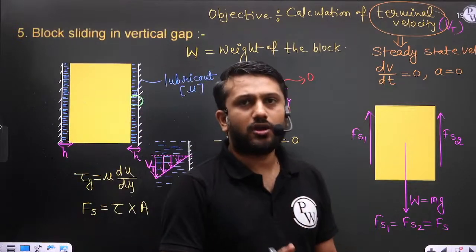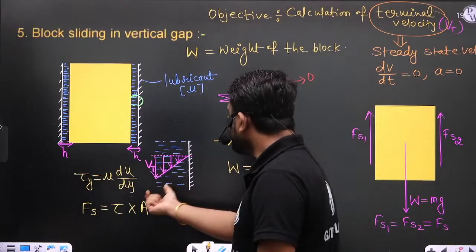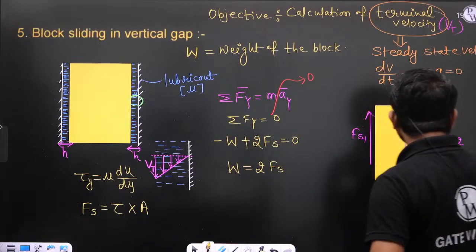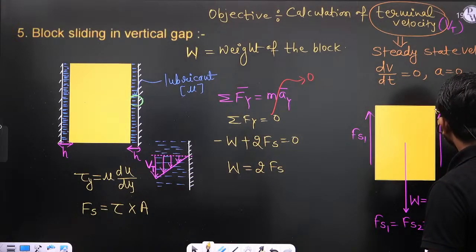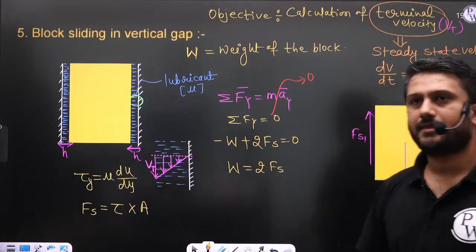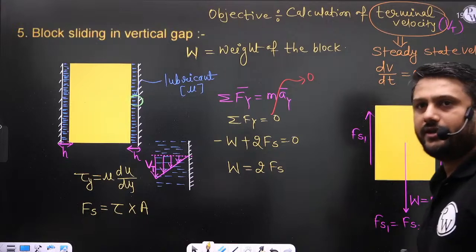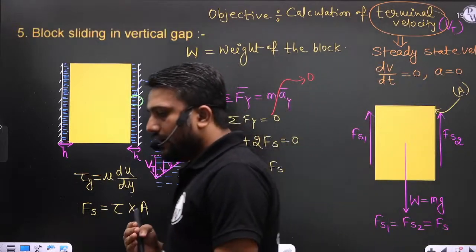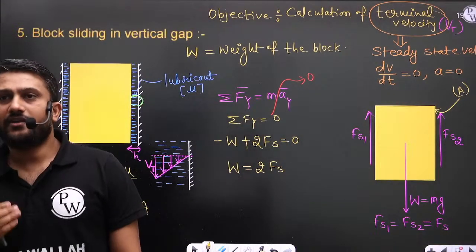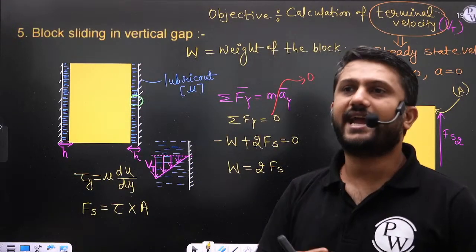The area of the block which is in contact with the fluid. Let us consider this area as A. That A is the area in which shear stress or shear force is acting.